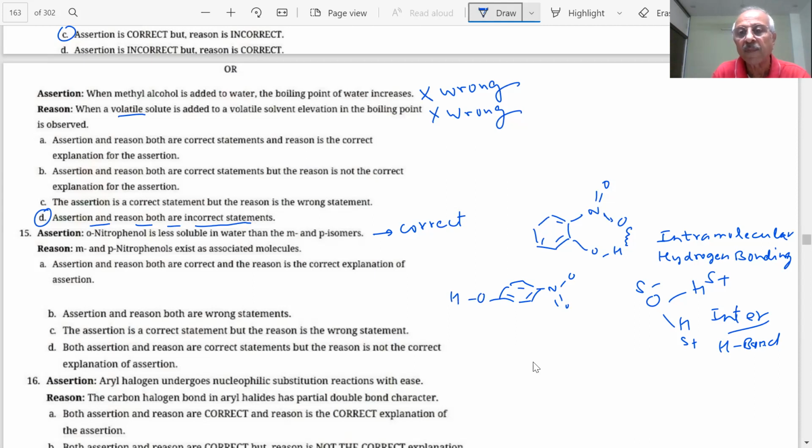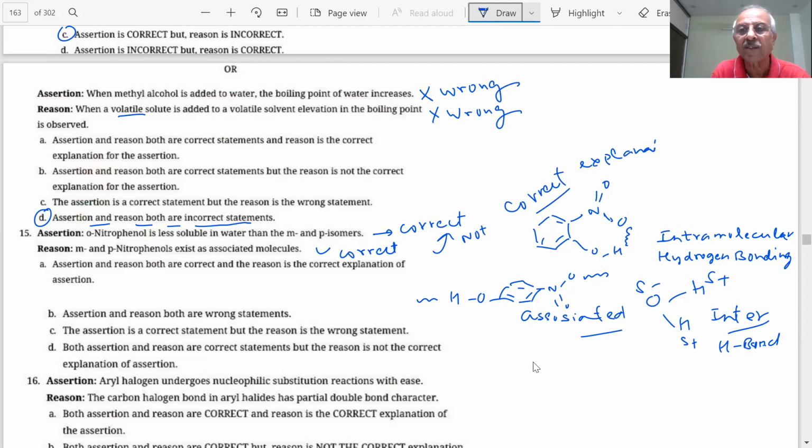Now this will form an intermolecular hydrogen bond, so they exist as associated molecules. They will associate. That is also correct. But it is not the correct explanation, student.